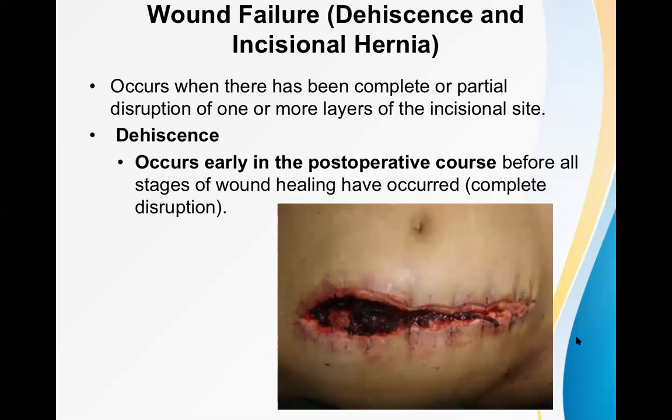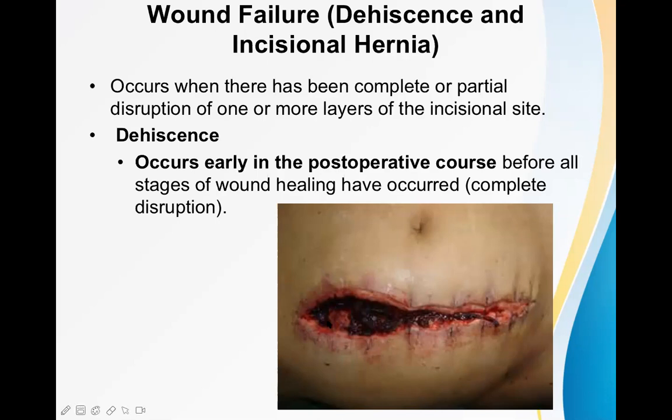After a few days, that wound is infected and the sutures are broken away. Means the wound is gaping now, it has opened up again. This is known as wound dehiscence. This wound dehiscence can occur in any surgical wound. I'm just giving that example so that you can understand easily.